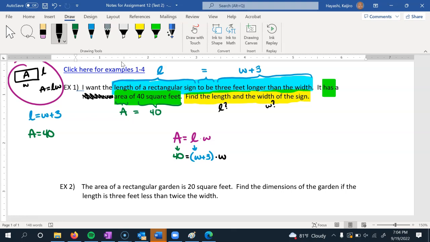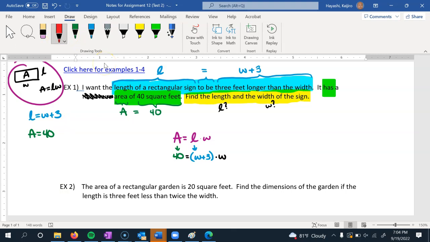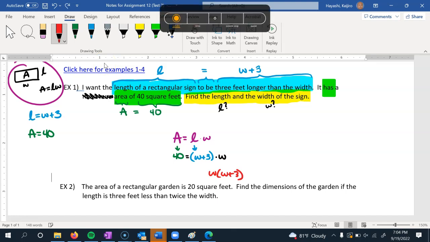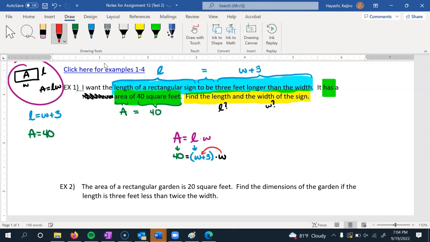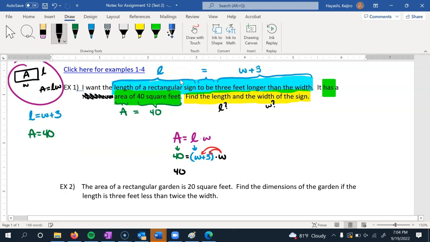Okay, but then this is just a quadratic equation. It just has to be figured out. So that W is in the back, but it's the same as if it was written like this. It doesn't matter. So we're going to distribute that W into W plus 3, just to get everything laid out, simplified. So that's going to give me 40 equals.